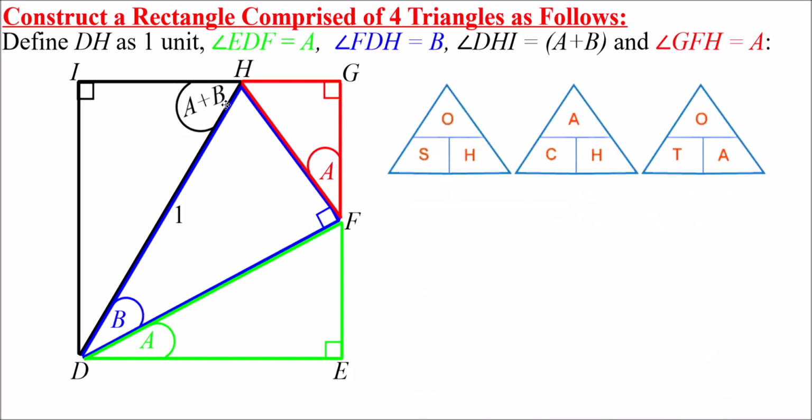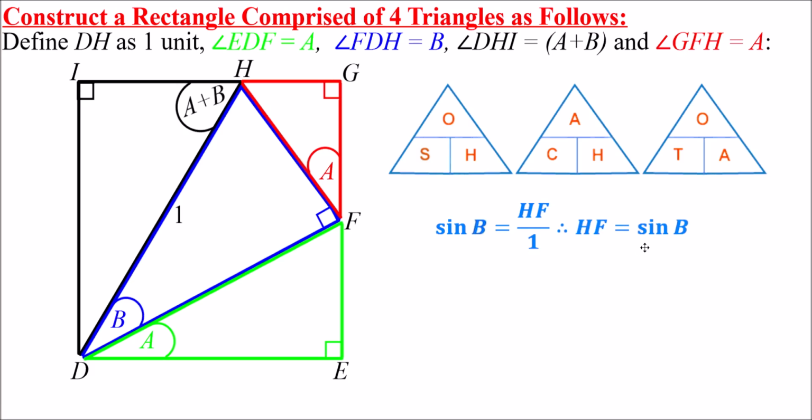So what we need now is to work out the opposite side, HF, this one here in the blue, in terms of angle B and the hypotenuse 1. We can use this SOH triangle here. So sine B is the opposite, which is HF over 1. So side HF is simply going to be sine B. Just timesing both sides by 1 doesn't really do anything.